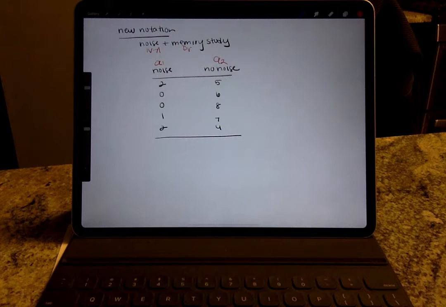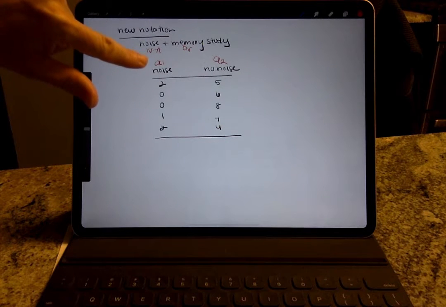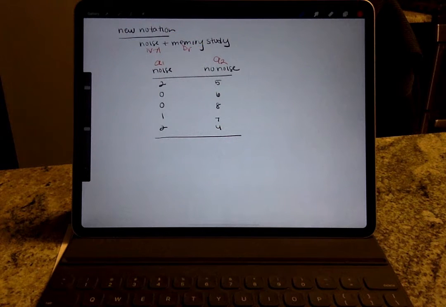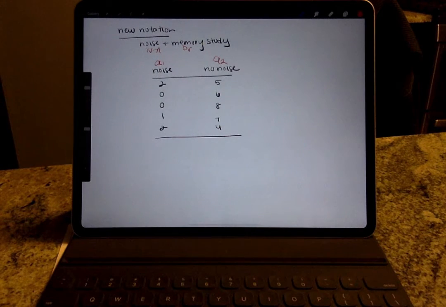Now, the little a is important. You're going to learn in a minute that capital letters have special meaning. All right, so we're going to identify this group as group little a1, and this group is group little a2. So moving through the problem, anytime we see an a1, we know we're talking about the noise group. Anytime we see an a2, we know we're talking about the no noise group.